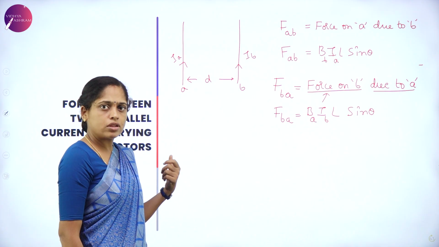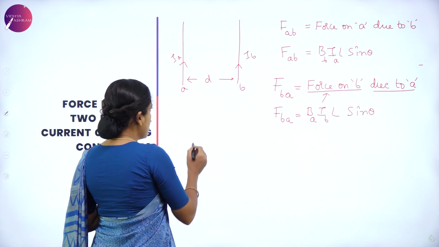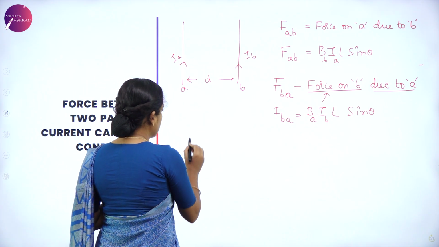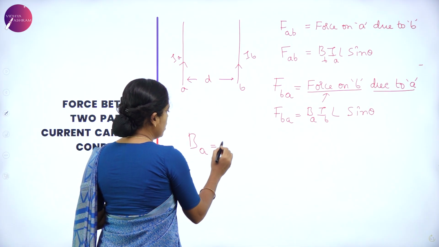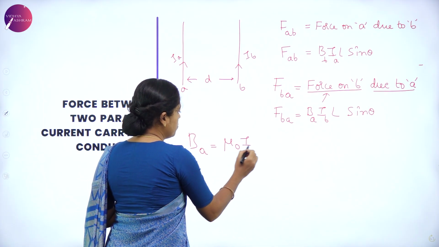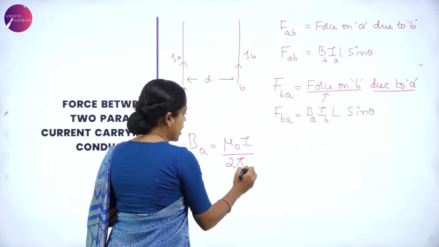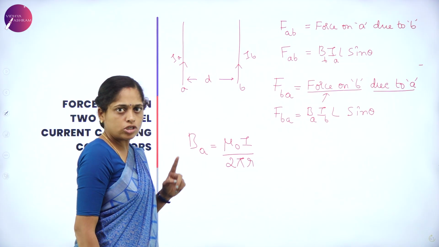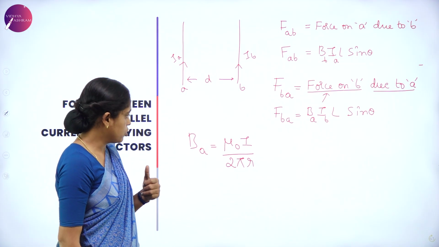Around a straight wire, the magnetic field is given by mu naught I by 2 pi R, one of the first applications of Ampere's circuital law.